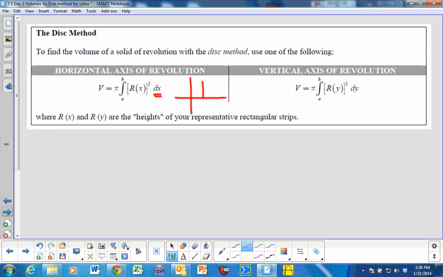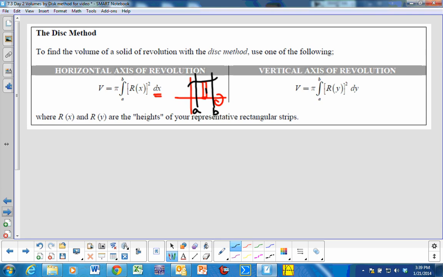You're going to have your representative rectangles going this way, and it's going to be going around the x-axis this way. Your rectangle's width there is your dx. That tells me everything's with respect to x. I might have some region that goes from here to here, so I'm going to integrate from a to b, whatever that is.